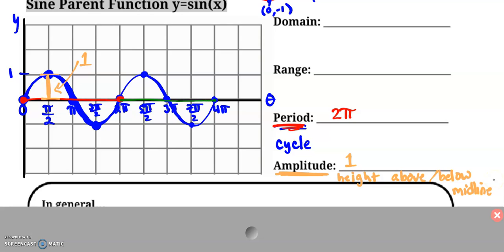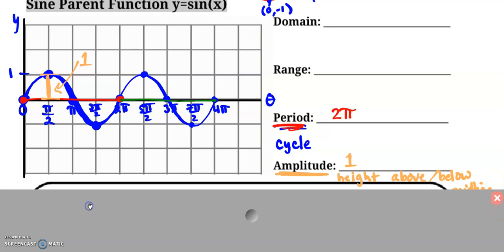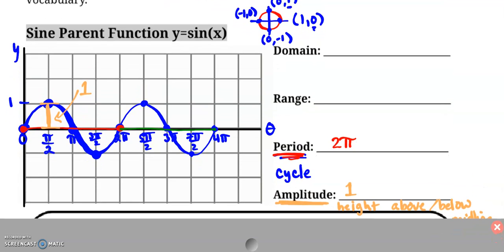Now, to get back to a few other characteristics before I wrap up some more vocabulary topics. I know that I stopped my graph here, but technically this graph is just going to keep going in both directions forever and ever, bouncing between that height of 1 and this height below at -1.